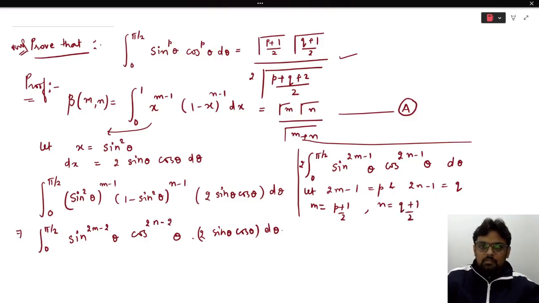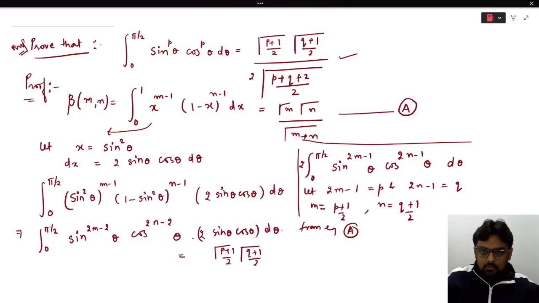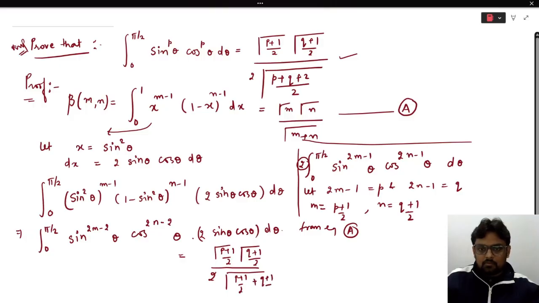When you put this value of m in equation 1, from equation 1 we get gamma((p + 1)/2) gamma((q + 1)/2), and here 2 times gamma of m + n.